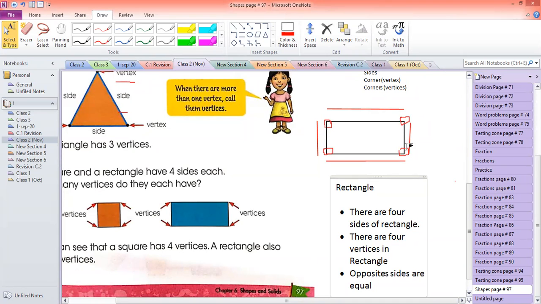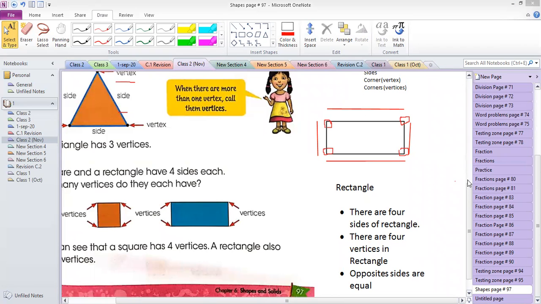So this side equals this. So in a rectangle, opposite sides are equal. Do you get it, guys? In a rectangle, opposite sides are equal.